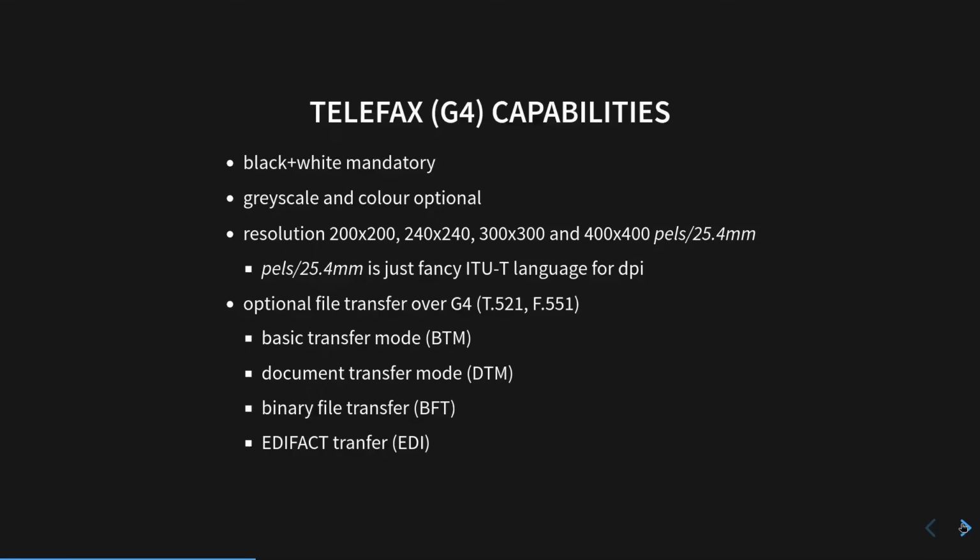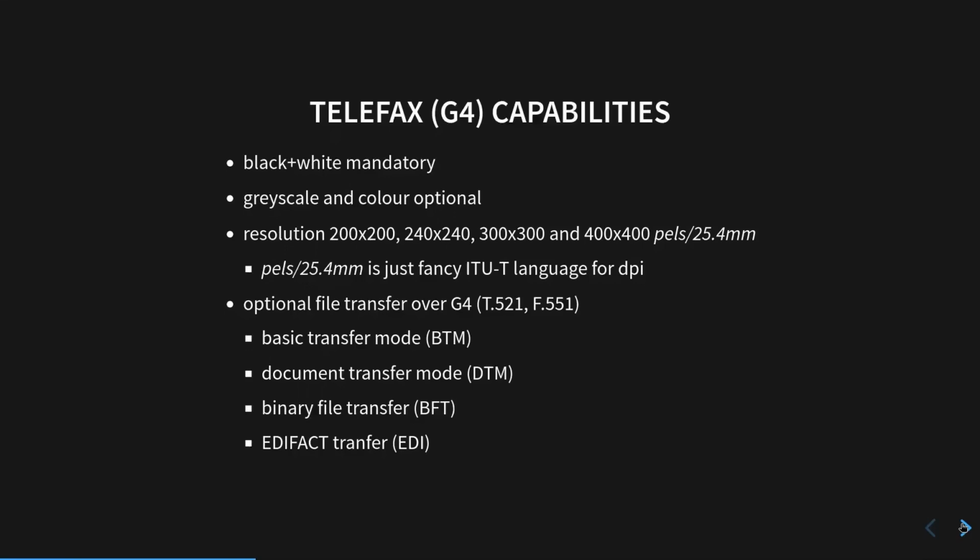G4 fax actually also has optional file transfer capabilities. So you can transfer files without or with metadata, and even EDIFACT, that's basically business data formats between companies, was specified.